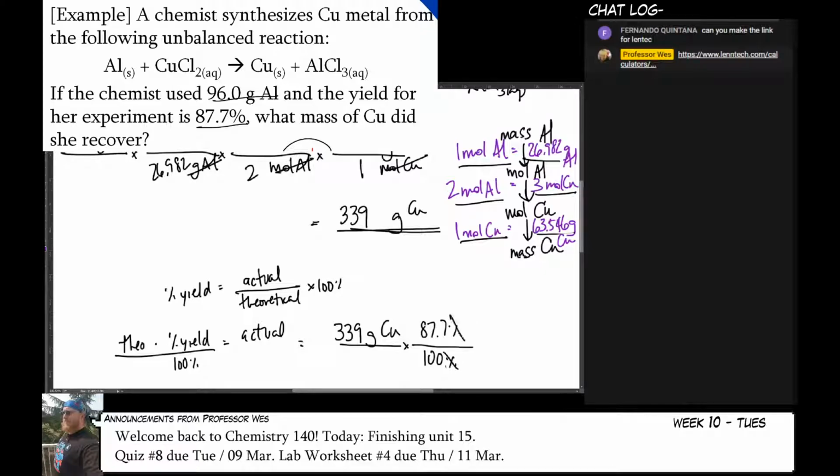The percent cancels out, and the actual yield was 339 times 87.7 divided by 100, which is 297 grams of copper. So with an 87.7% yield, this reaction would produce 297 grams of copper.